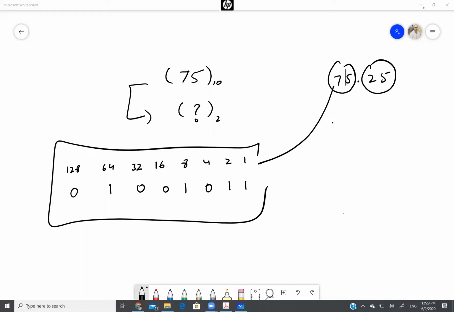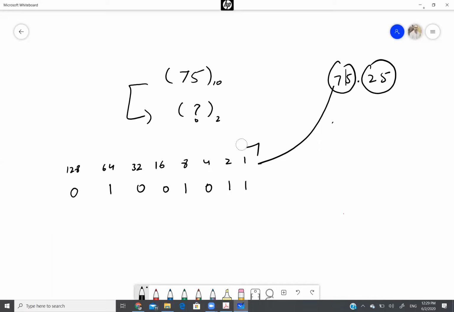If we have a decimal portion, then the powers will be halved every time on the other side. For example, if there is a decimal portion here, the powers start like this: 1 upon 2, 1 upon 4, 1 upon 8, 1 upon 16, 1 upon 32.